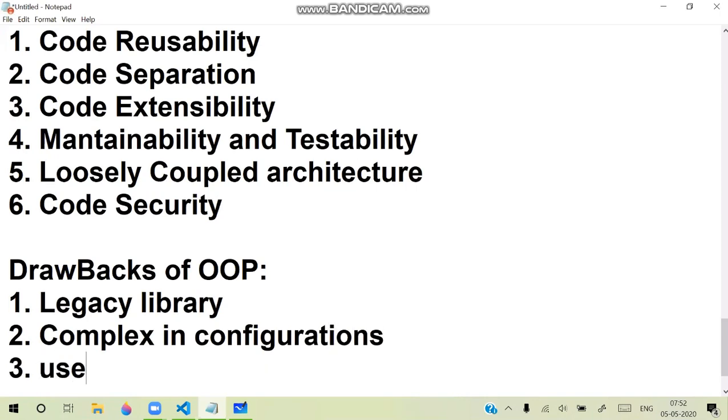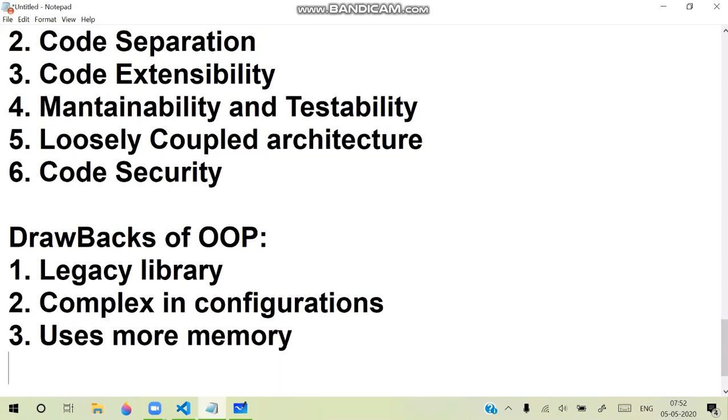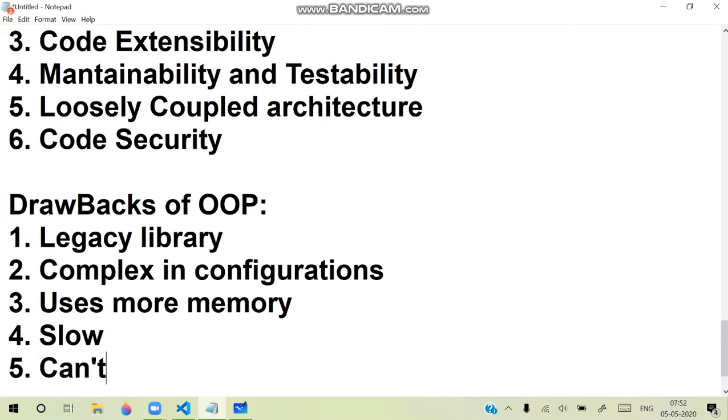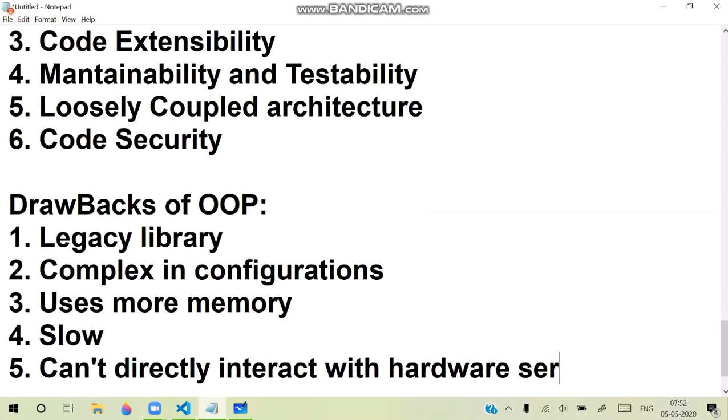It uses more memory, and it is slow. It cannot directly interact with hardware services. These are all problems with OOP.